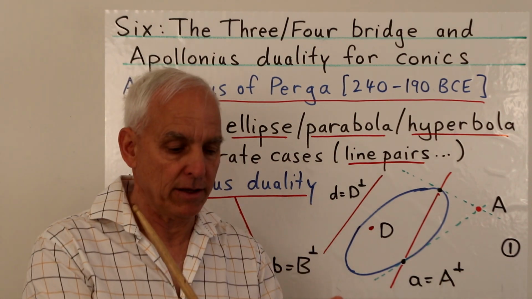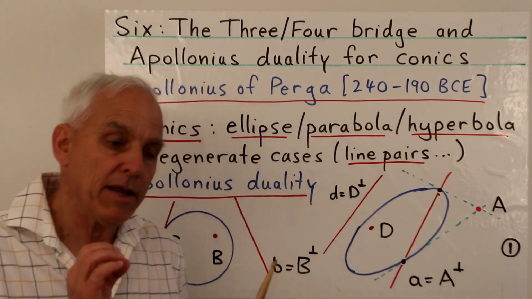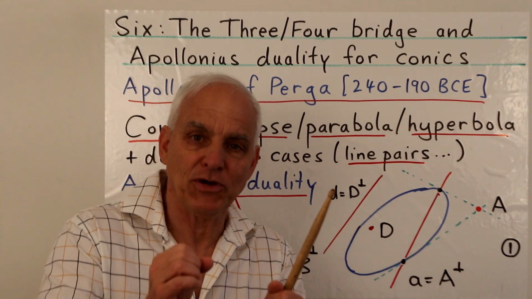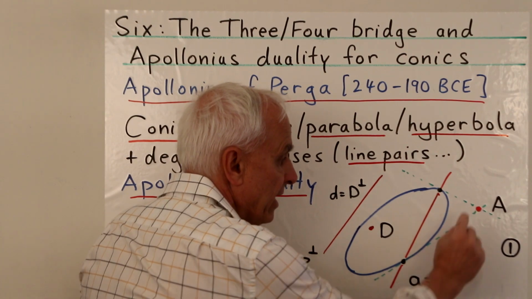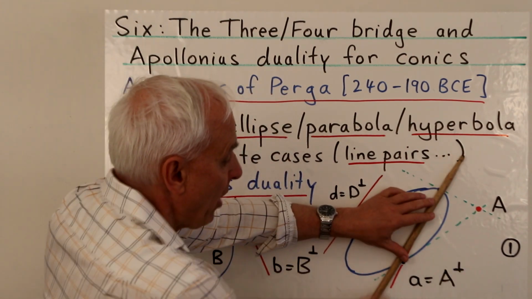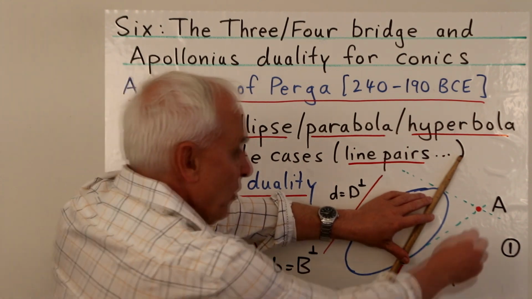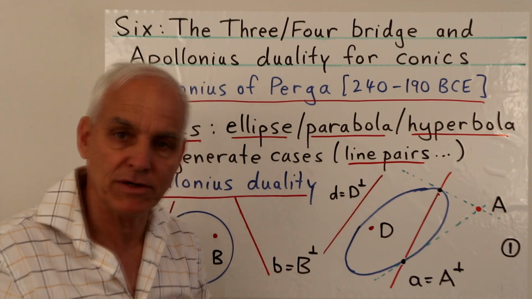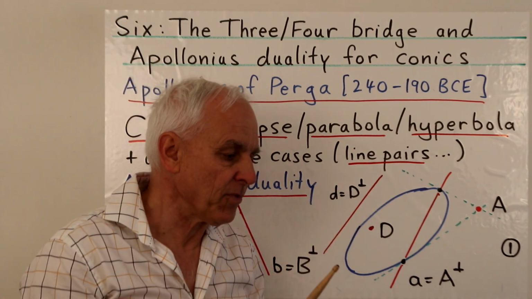Now what he discovered was the following: if you start with a conic in the plane, say this ellipse here, then that determines a correspondence between points and lines. For example, this point, capital A, ends up corresponding to this line, little a. And as you move the point capital A around, then the line little a will move around correspondingly. So how is that correspondence set up?